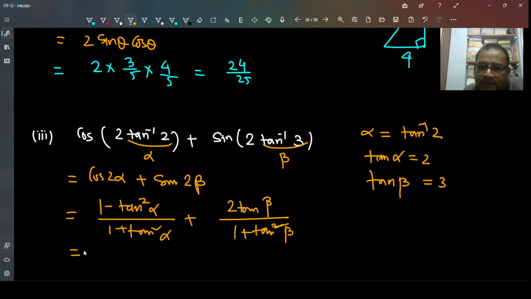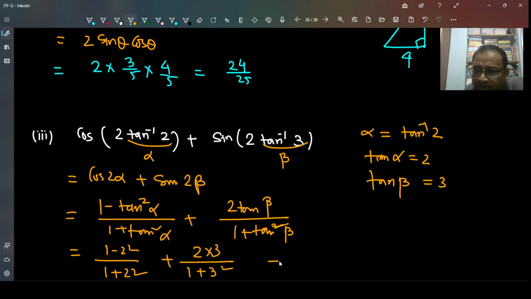So here 1 minus tan square alpha, tan alpha is 2 and its square is 4, so 1 minus 2 square by 1 plus 2 square, and here 2 into 3 divided by 1 plus 3 square. 1 minus 2 square is 1 minus 4, that is minus 3 by 5, and here you have 6 by 10 which is again 3 by 5, so the difference is 0.